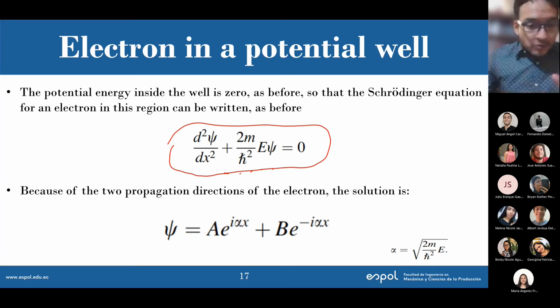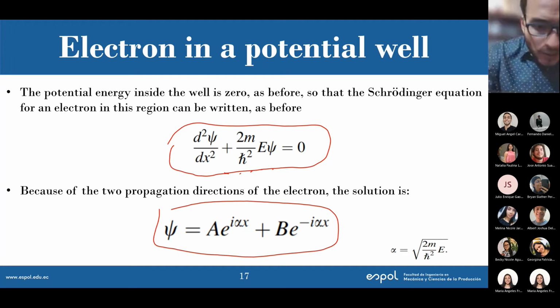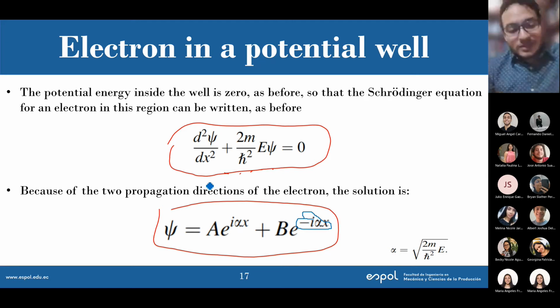And we'll do this in the tutorial, but now the solution is this one. So I have this additional component. Why do you think I have these, and I'm not talking about the constant, because obviously I will have another constant because of the boundary condition. But why do you think I have these guys? Negative i alpha x.